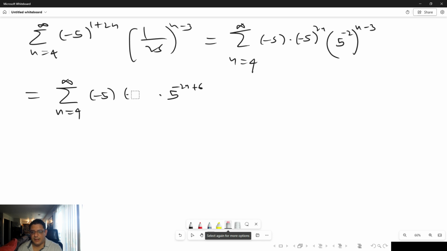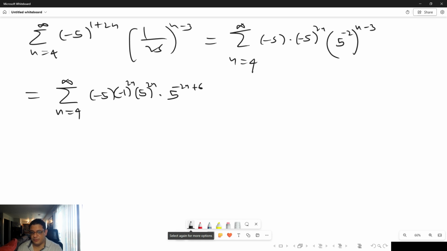So notice that minus 5 can be seen as minus 1 to the 2n times 5 to the 2n. This is just a split of this term here. And minus 1 to the 2n is just going to be 1, because this is minus 1 to a positive even power.